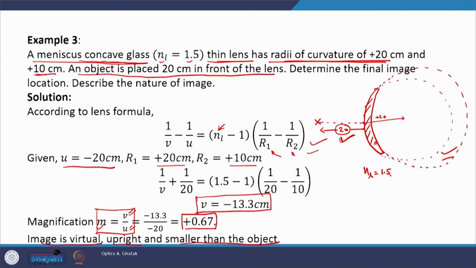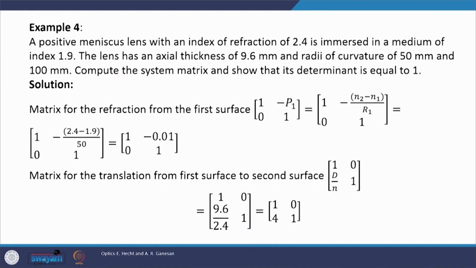Now, let us move to the next example, which is example number 4. The statement is as follows: a positive meniscus lens with an index of refraction of 2.4 is immersed in a medium of index 1.9.